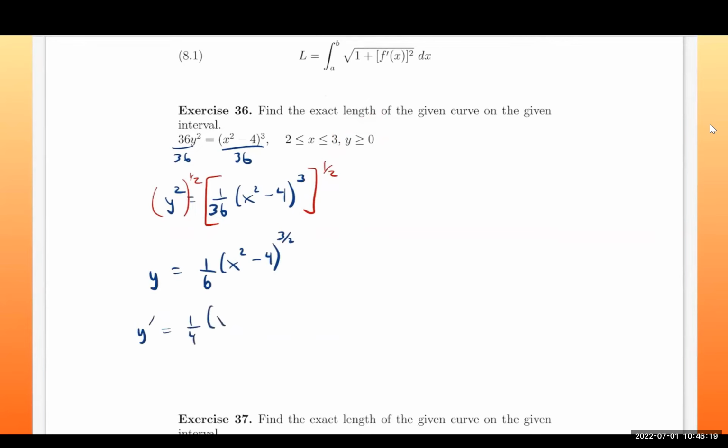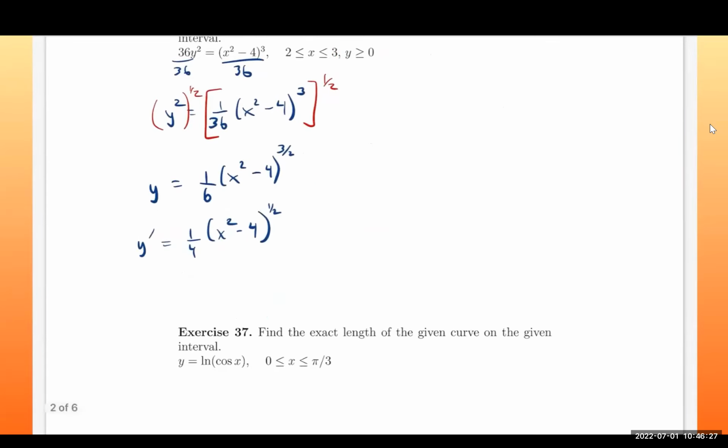Now we can take the derivative, which is going to be 1/4 times x squared minus 4 to the 1/2. Since we need to square it for the formula, let's square it now and then substitute it into the formula. So y prime to the second power will be 1/16 times x. Oh, I forgot to take the chain rule.